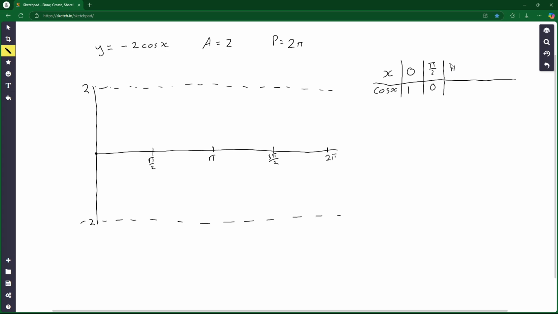And then when it's pi, it's going to be -1. And then at 3 pi over 2, it brings it back up to 0. And then 2 pi is going to be 1.